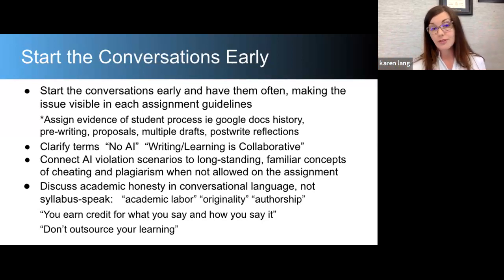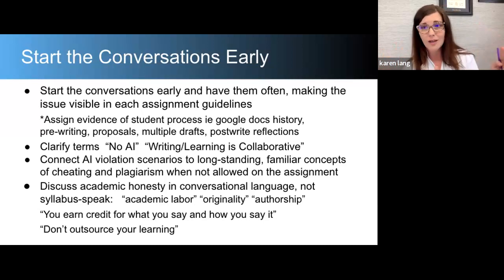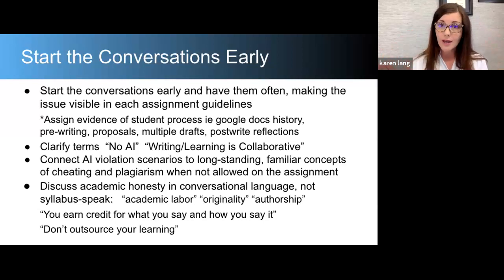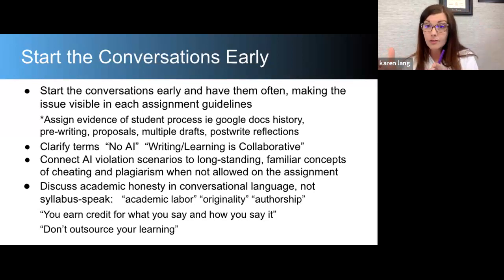So defining these kinds of terms, I gave those as examples. I really do think that we need to have the conversations where we connect AI violation scenarios to long-standing familiar concepts. I say, just like you wouldn't have your roommate write your paper for you, you can't have ChatGPT write it for you. If you slide the keyboard over to your parents when you're home on Thanksgiving and they start writing, not okay. You have to maintain authorship, the singular paper, singular name on the paper.